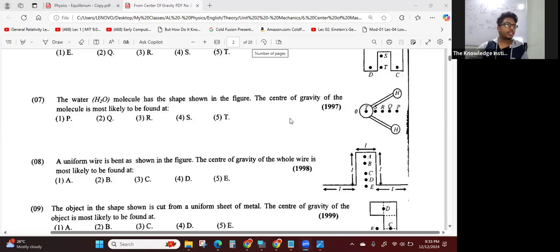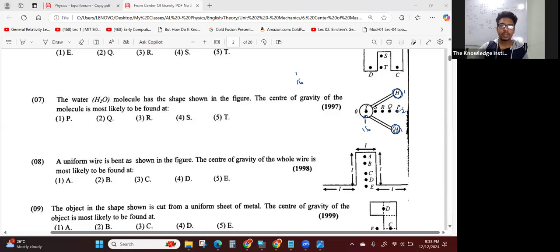Okay, so here in the H2O molecule, we know the masses of hydrogen and oxygen. Hydrogen is 1, oxygen is 16, right? The mass number. So here 1 and this is 1, and therefore the center of gravity of this hydrogen and hydrogen will be 2 here, and here oxygen is 16.